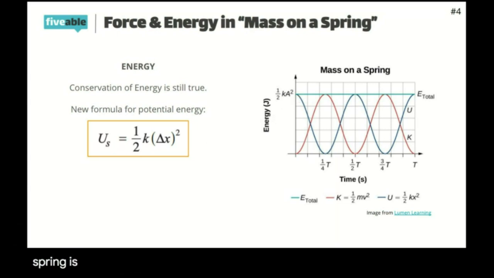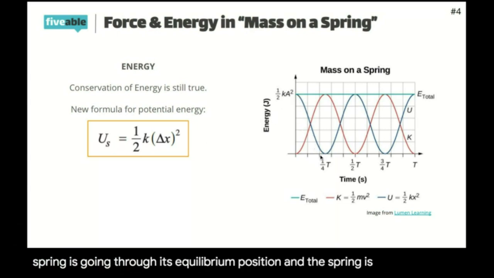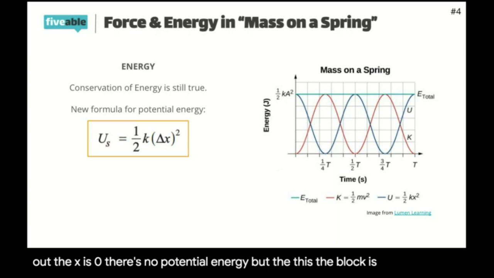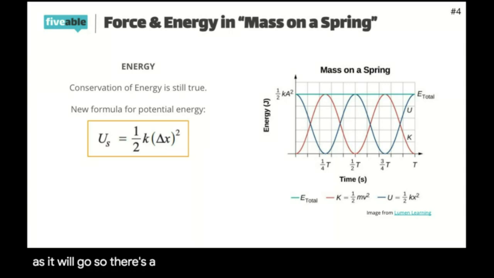As the spring is going through its equilibrium position and the spring isn't stretched out, the x is 0. There's no potential energy, but the block is going as fast as it will go. So there's a lot of kinetic energy. So the type of energy will change.